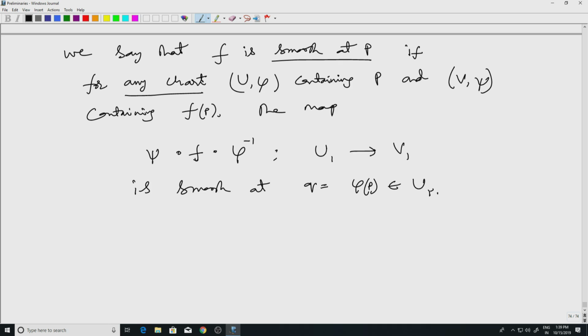It should not be the case that for a specific chart U, phi containing P and a specific chart containing f of P, this condition holds, that the corresponding map is smooth, but for some other chart it might not hold. One doesn't want that to arise.